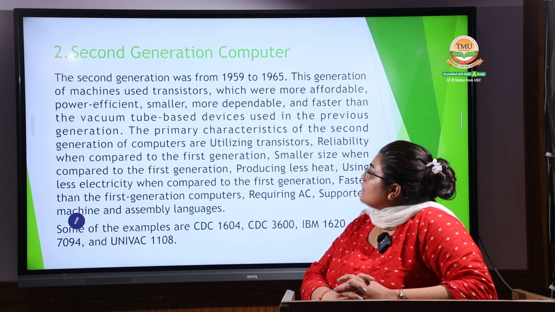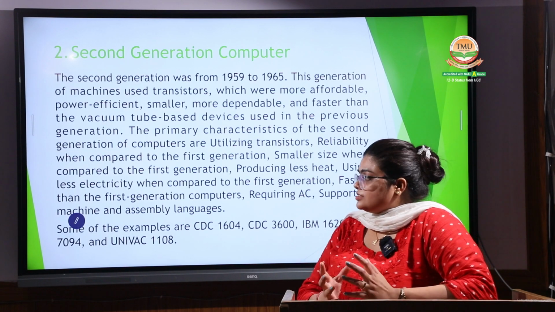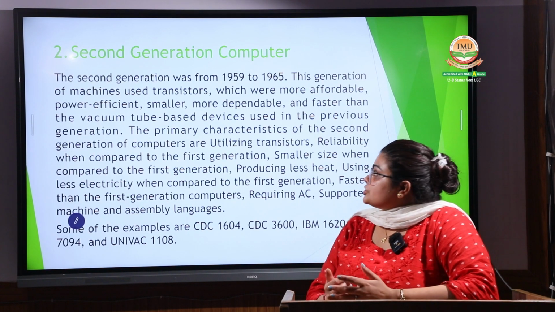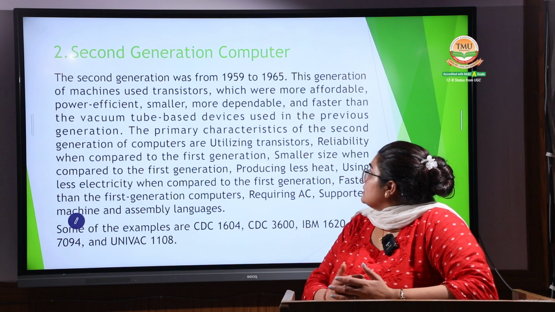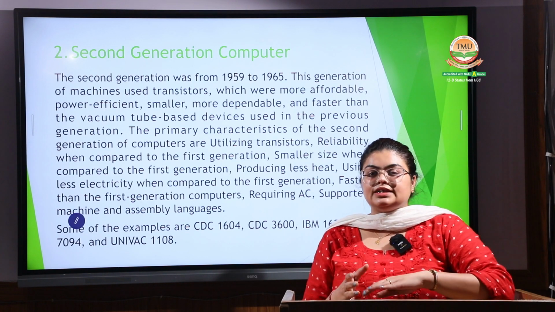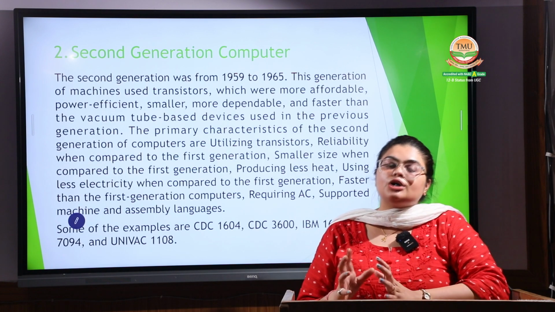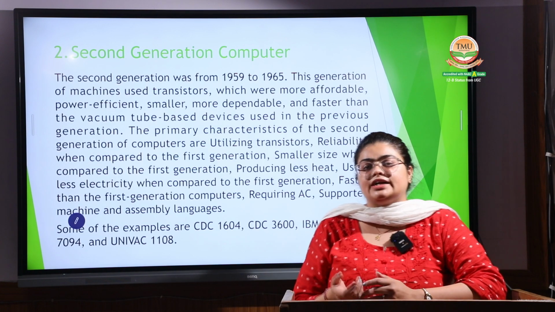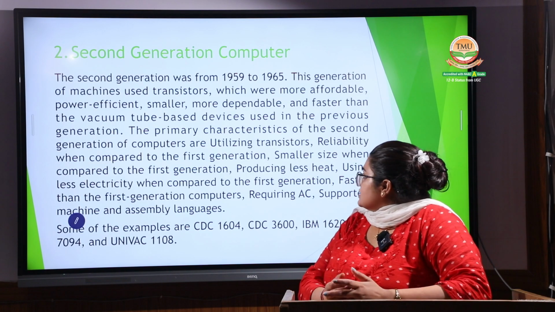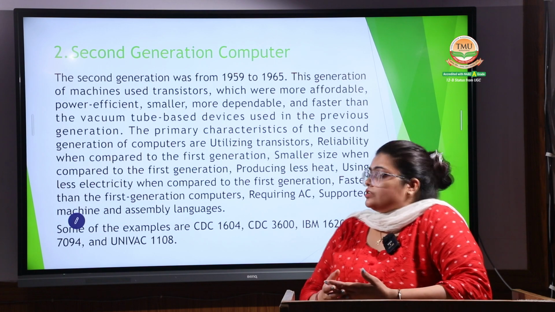and that second generation is from 1955 to 1965. These computers use transistors, which are very affordable, power efficient, smaller, more dependable, and faster than the vacuum tube based generation. Basically, in comparison to the first generation, the working of the second generation is far better. They utilize transistors. Reliability of the second generation is very good in comparison to the first generation.